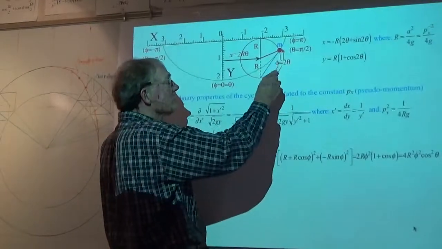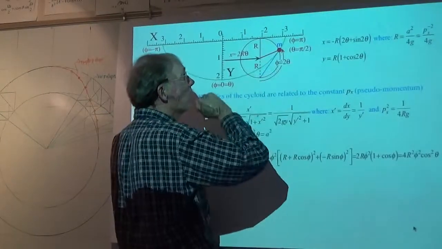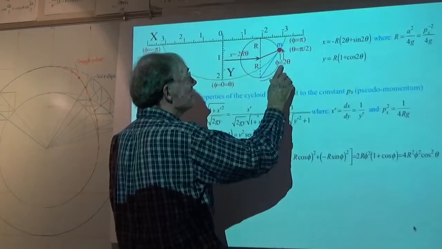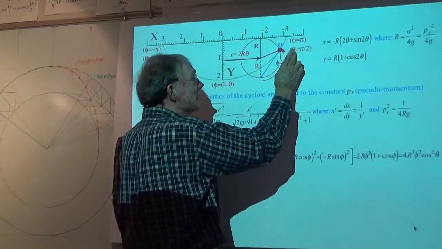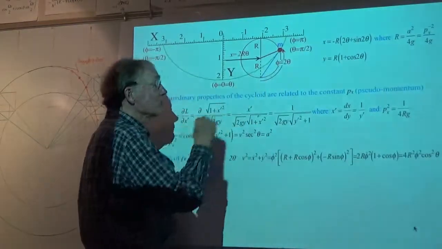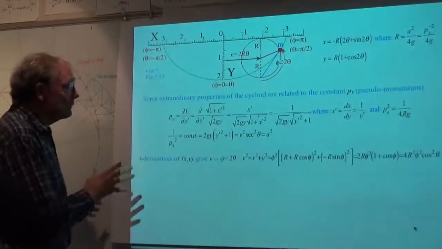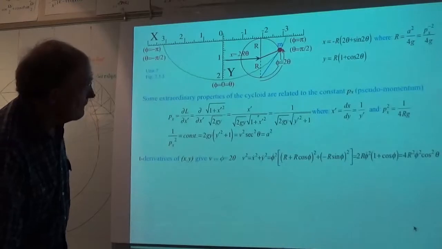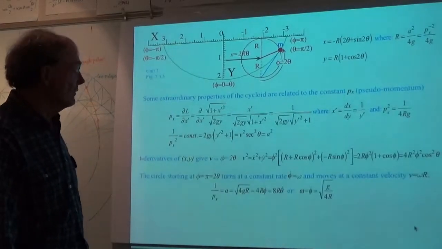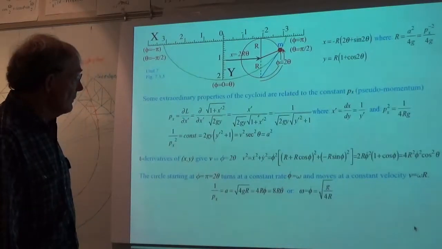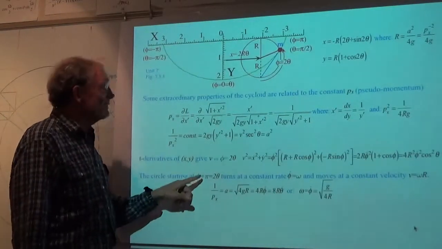Now we've got two ways to coordinate this thing. I can either use phi, where phi is 2 theta, or I can use the half angle, which is theta. Those are the two angles, and sometimes one's more convenient than the other in both the algebra and the geometry discussions. Anyway, a circle that starts at phi equal pi.